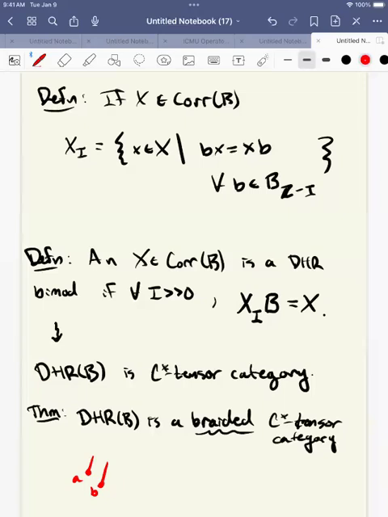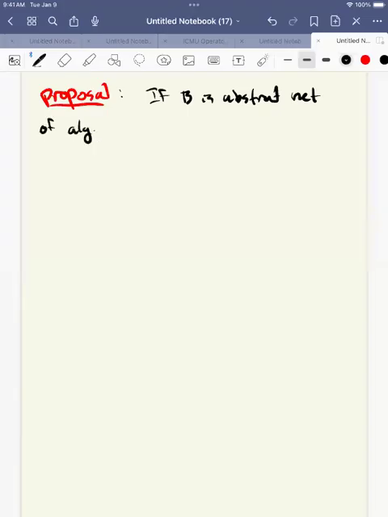Okay, but anyways. So the proposal is that if B is an abstract net of algebras, say, or has local algebras, on Z, then DHR of B describes the bulk TQFT.